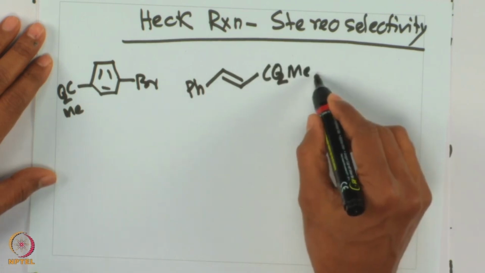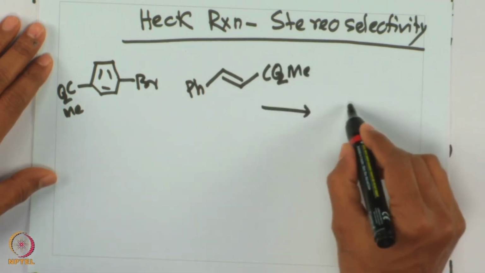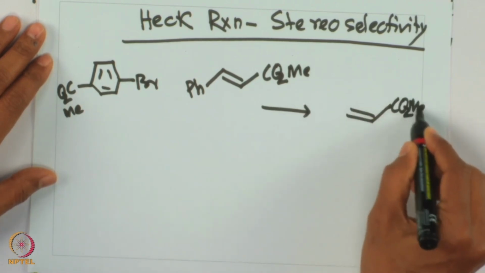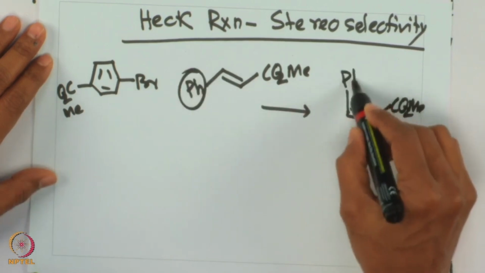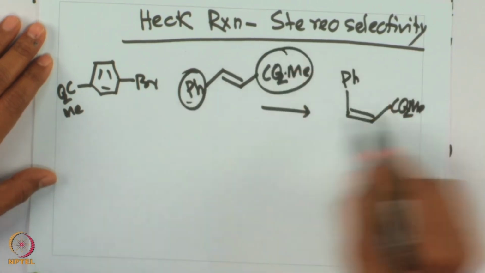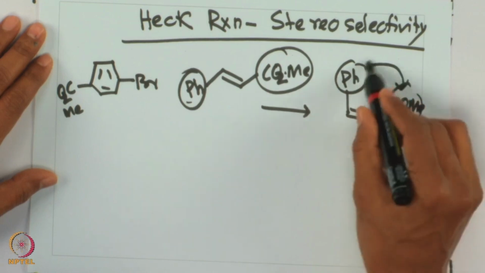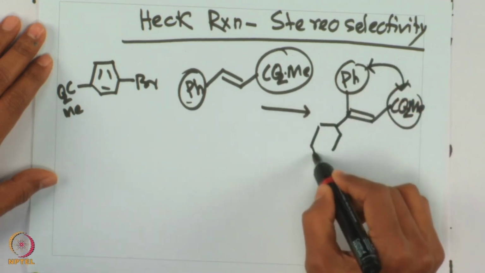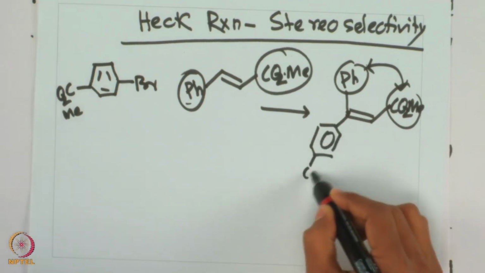Now, what would be the product formation from this reaction? I think by now you should be able to predict it. CO2Me on this side, the phenyl substituent will be on the same side. Phenyl and CO2Me were opposite to each other, now they should be on the same side, and then your aryl group comes into the picture for this sort of reaction.